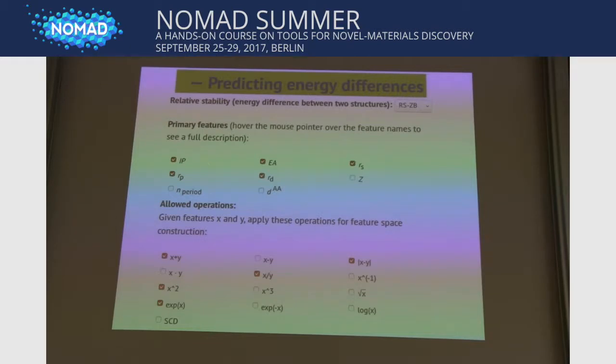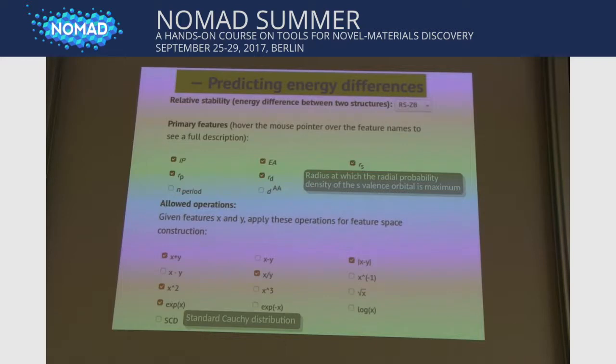You will be able to choose which input features to use, of course, among those that we offer, and which operations you allow. Basically, this is the only ingredient that you give to the method. There are a few other parameters that are also in the page, but this is basically the core of the thing.